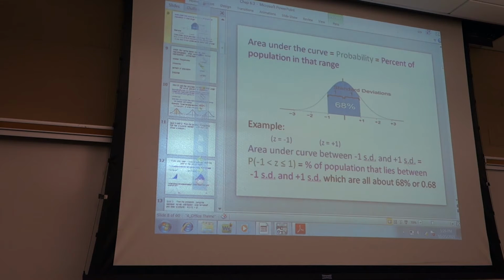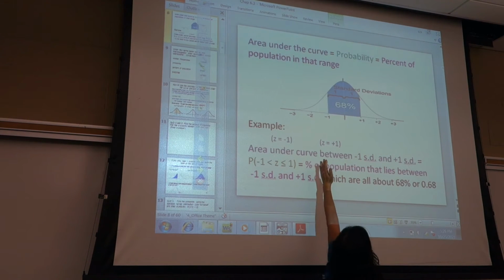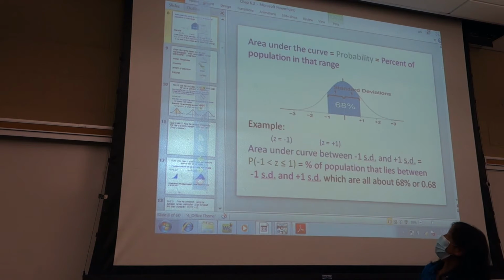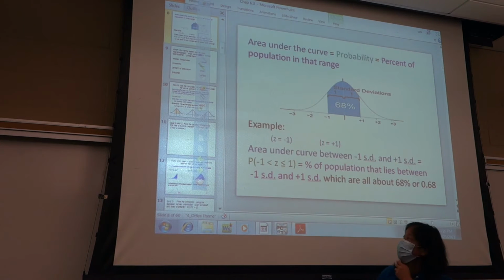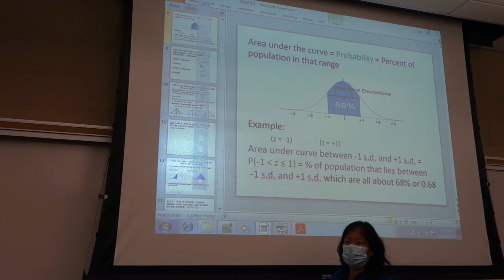Area under the curve is the same thing as probability, the same thing as percent of population in that range. If you look at the picture, between a z-score of -1 and +1, there's 68% of my population. So the area under the curve is 68%. It's also the probability that a z-score is between -1 and +1, and it's also the percent of population that lies between those two.